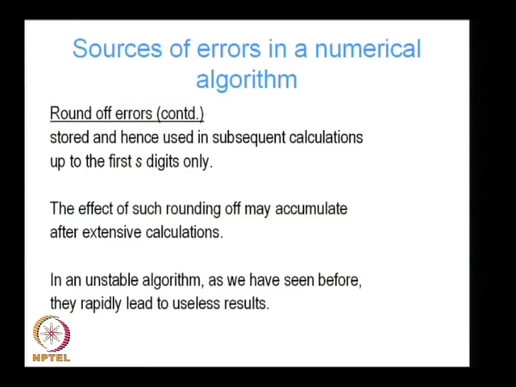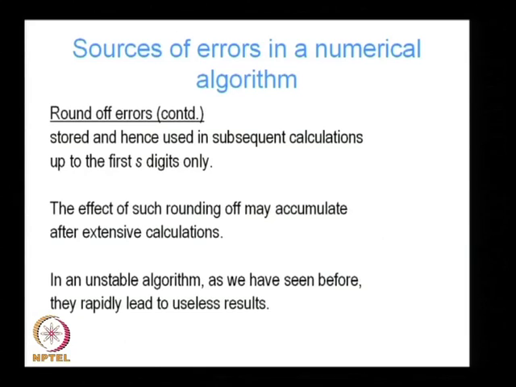If we are doing a series of products, every time we do a product, instead of storing 2s digits, we are storing s digits. So each time we are losing a certain accuracy, introducing inaccuracy, and as these inaccuracies pile up, they may become significant.